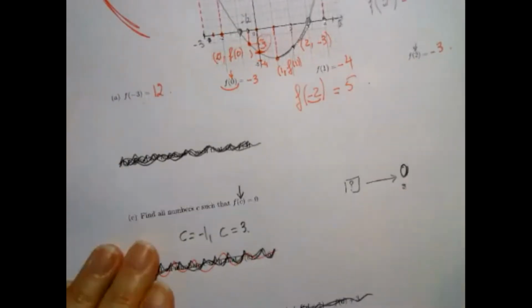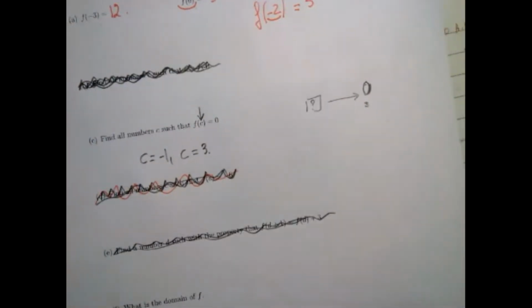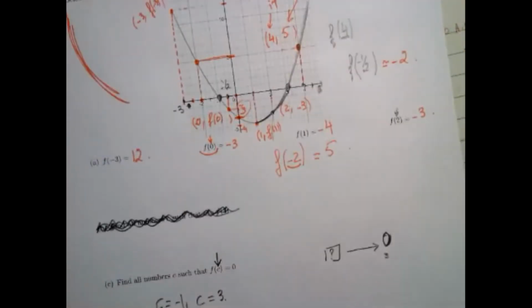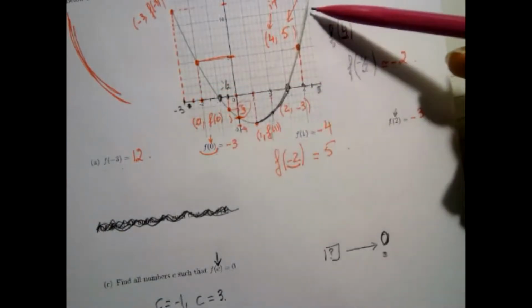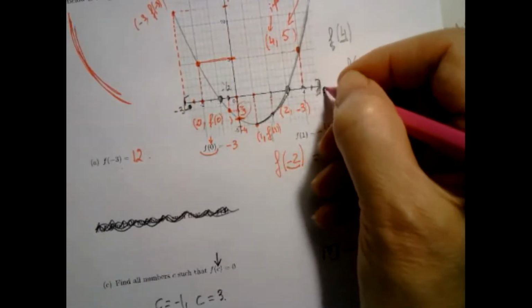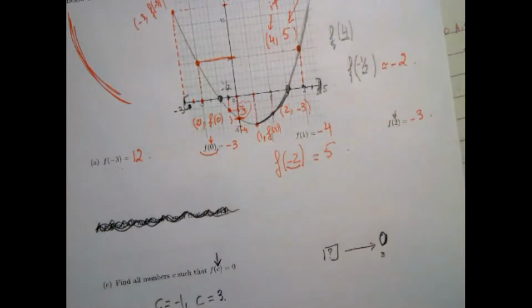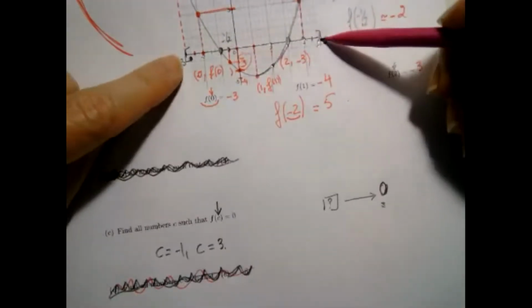Now, what's the domain of f? It means if you look back at the graph, which input you can find an output for and which one you can't. And assuming that the graph stops here, it doesn't go on forever, what's going to be the domain? Exactly, everything between -3 and 5.